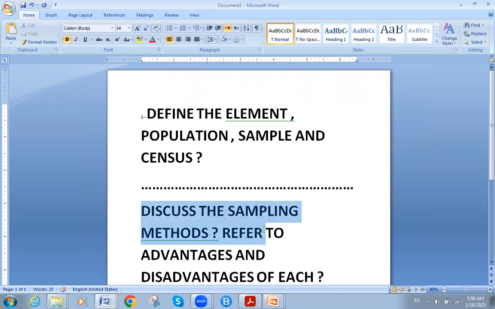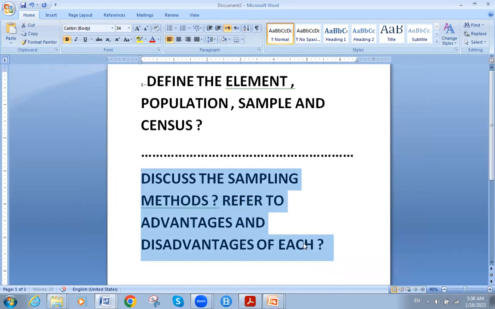Discuss the sampling method, refer to advantages and disadvantages of each of these methods.